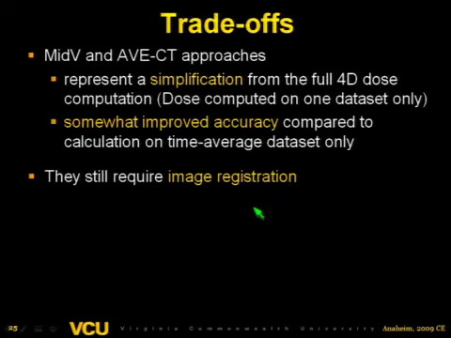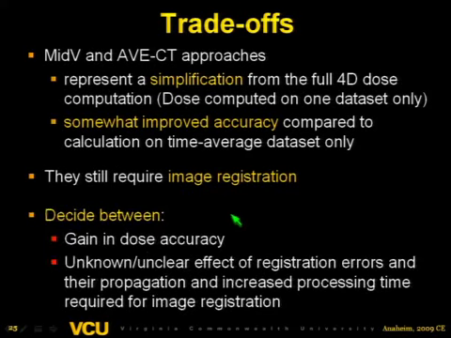However, they still require image registration between all the data sets that are available. So at the end of the day, one will have to actually decide between the larger or the smaller gain in dose accuracy and the unknown, unclear effect of registration errors and their propagation and the increased processing time that is required for image registration.